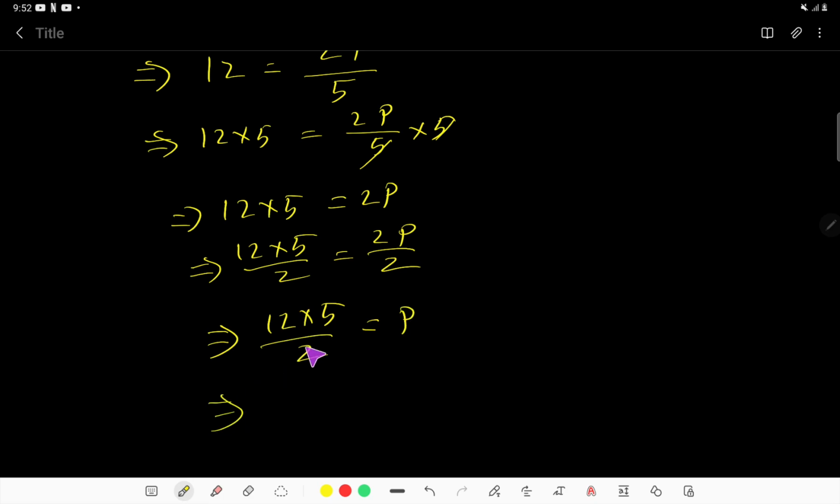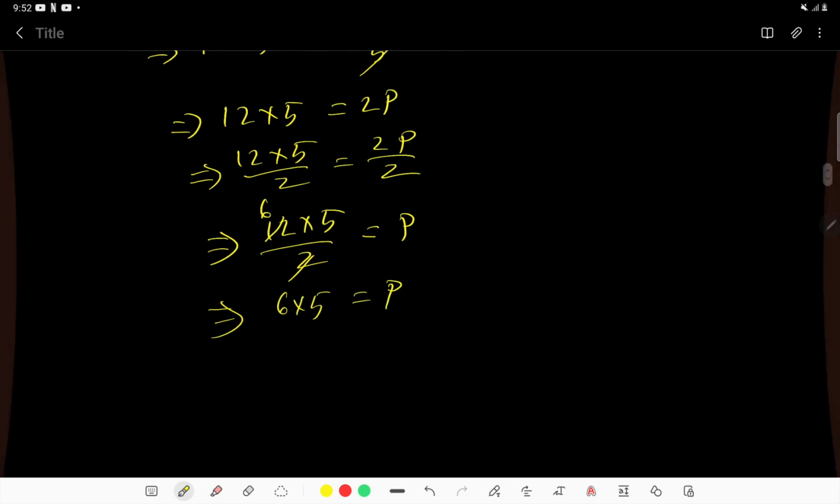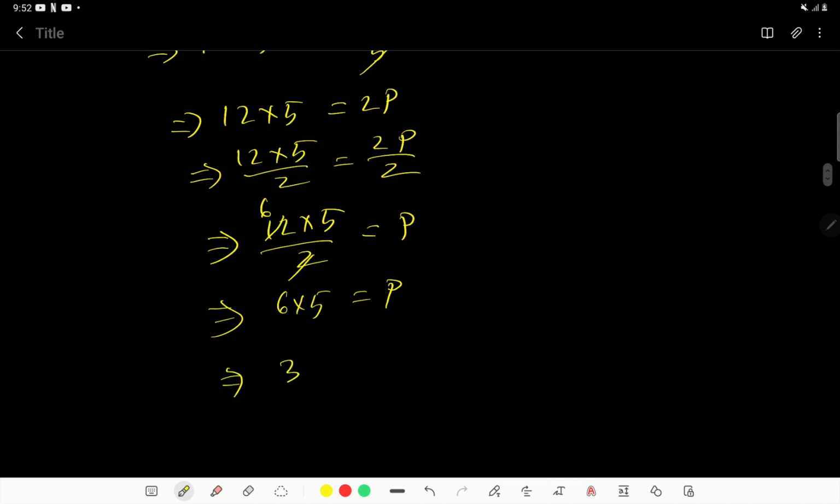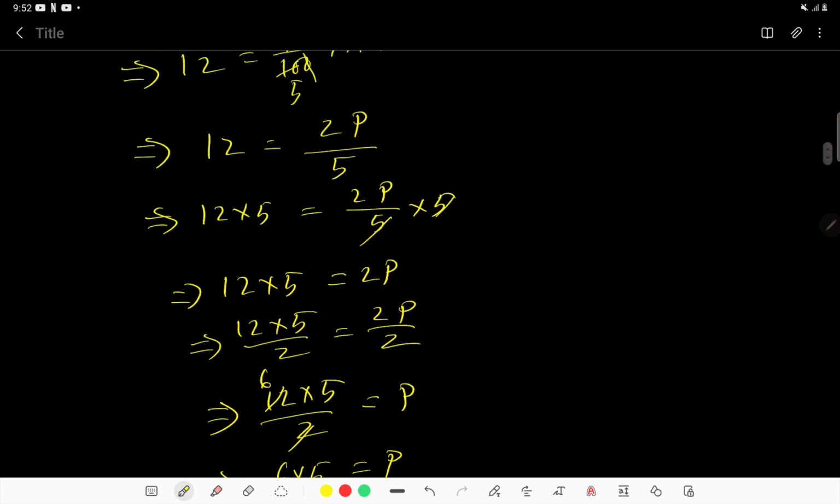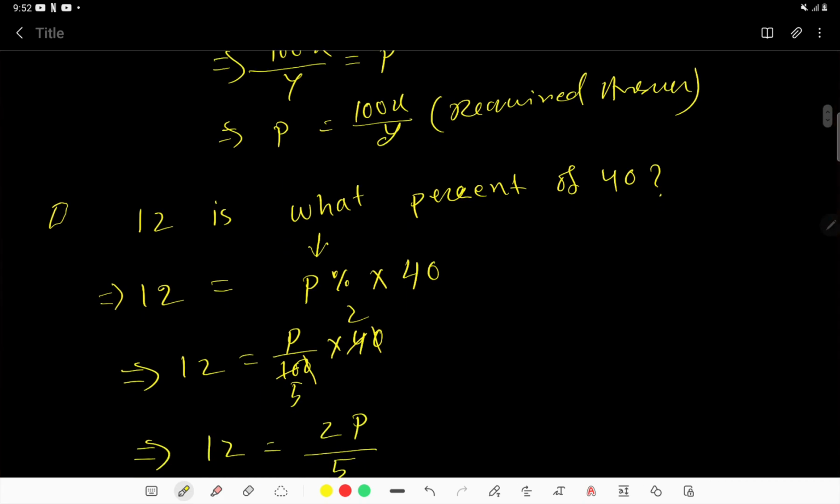If you simplify this, 6 times 5 equal to p, that is 30 equal to p. So we are getting the value of p equal to 30. So answer is 30%. Look, so 12 is 30% of 40. This is the answer.